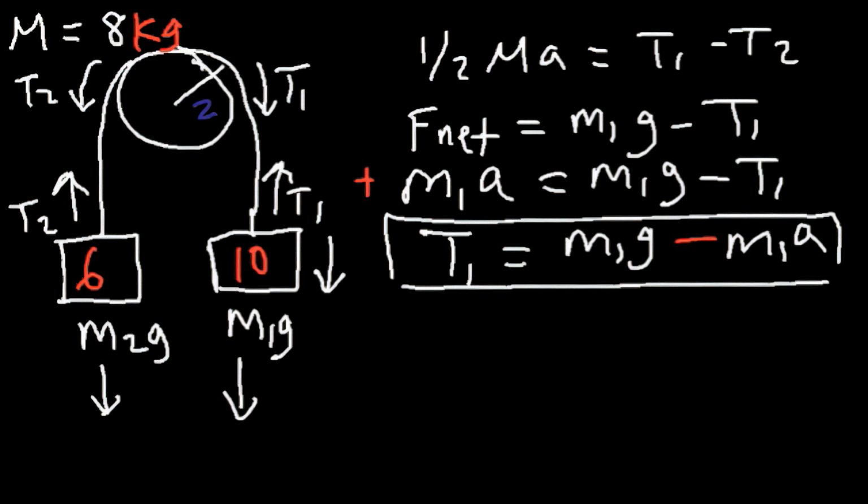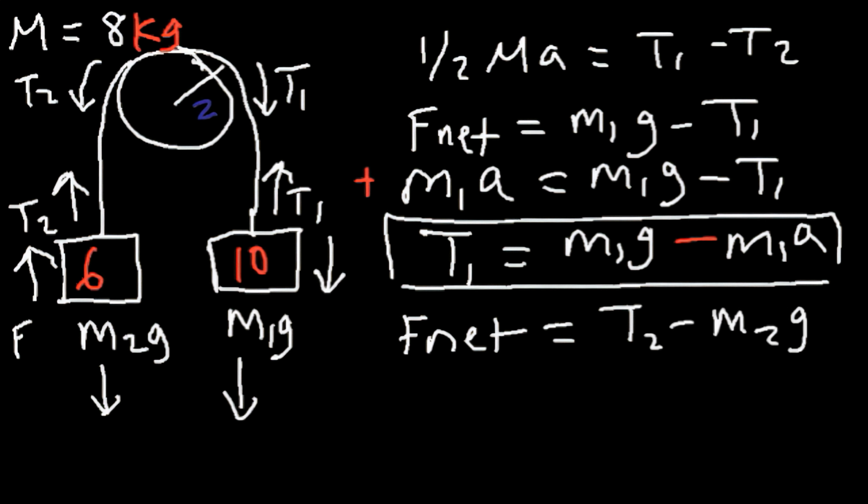Now let's do the same thing for T2. The net force on block 2 is an upward force. So that means that tension 2 is greater than the weight force if block 2 is going up. So it's going to be T2 minus m2g instead of m2g minus T2. Now the net force on block 2 is m2a instead of m1a.